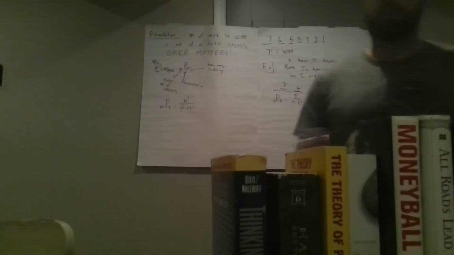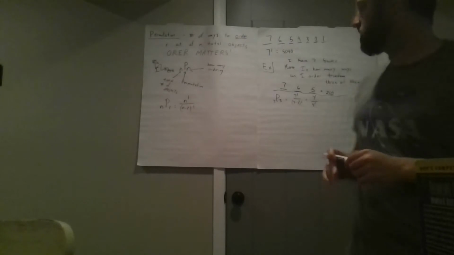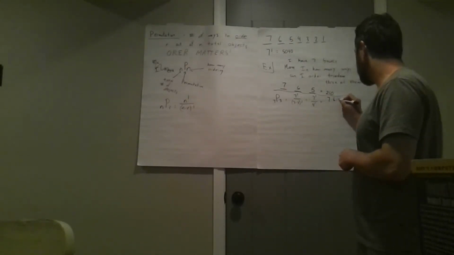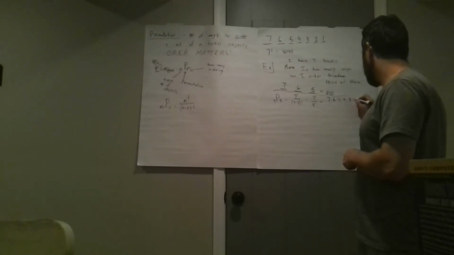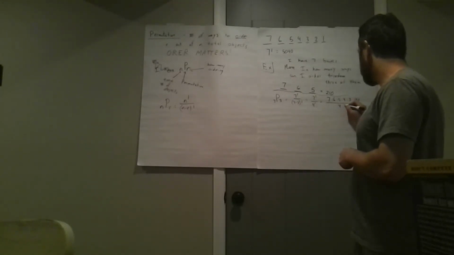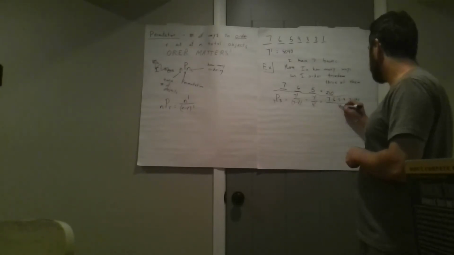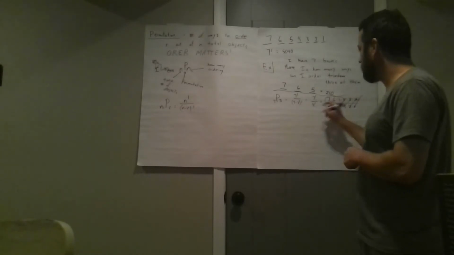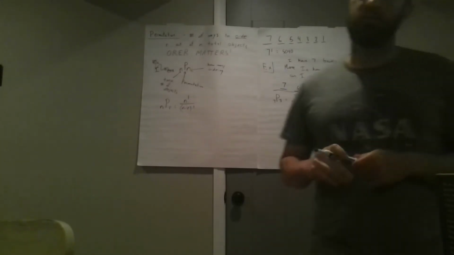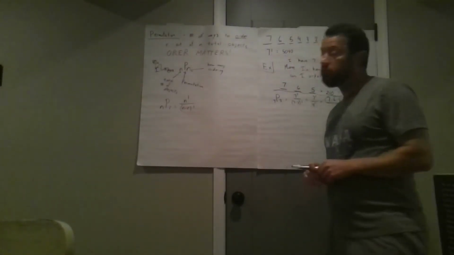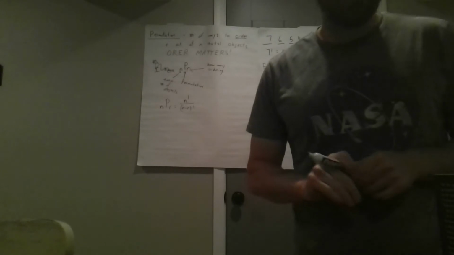This is kind of a crazy formula because if you think about it, 7 factorial is 7 times 6 times 5 times 4 times 3 times 2 times 1, and 4 factorial is 4 times 3 times 2 times 1. The 4's cancel out, 3's cancel out, 2's cancel out, 1's cancel out. I'm left with just what I did before, which gets us our 210. So that's a permutation.